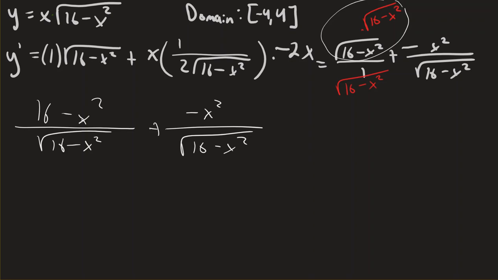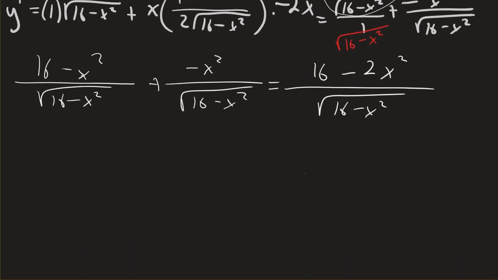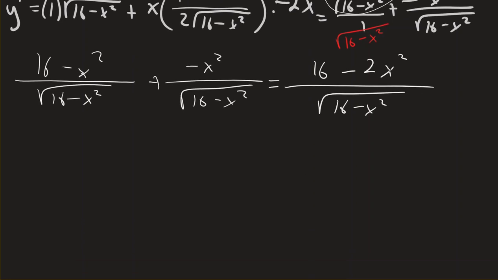Okay, and then the purpose, of course, of getting a common denominator is that now we can push all of this together. And I've got a 16 minus x squared plus a negative x squared, which would be negative 2x squared. And I'm actually going to just switch the place of these two, and I'm going to factor out a negative.